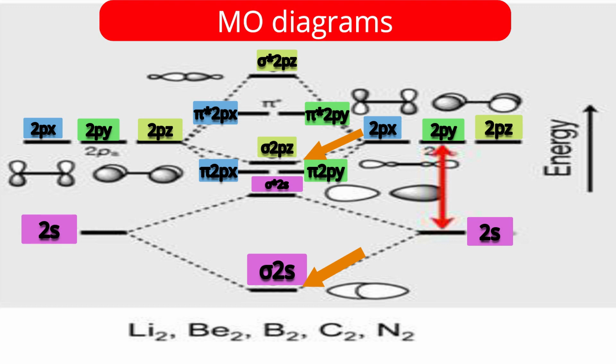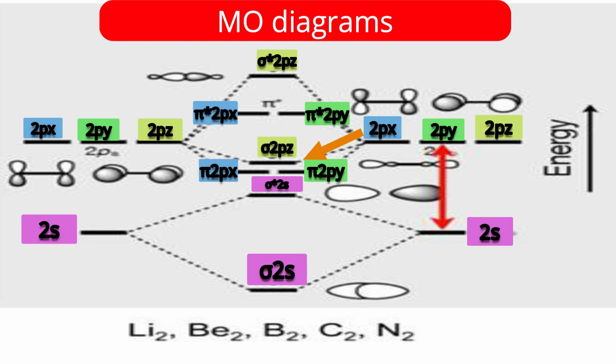The s-type molecular orbital interacts with the p-type molecular orbital, so we call it sp mixing. In such low atomic number elements, sp mixing is such that sigma 2pz is of higher energy than the pi 2px and pi 2py orbitals.